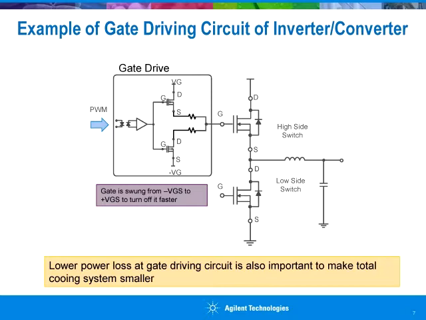It consists of two switches, FETs in this case, and to isolate the switching gate driver from the digital controller, typically an optical coupler is used. And also to turn off the switching device as fast as possible, the gate voltage of this device is driven from minus gate off voltage to positive gate on voltage.